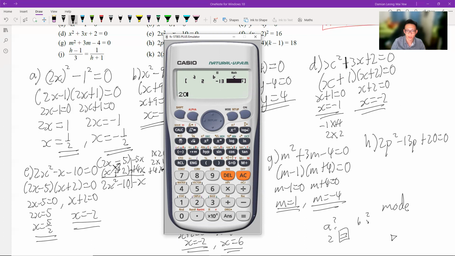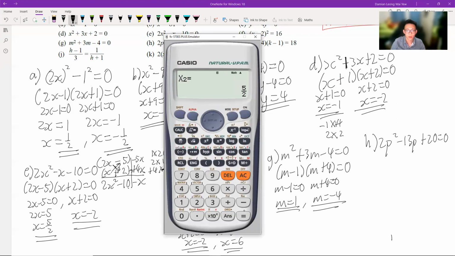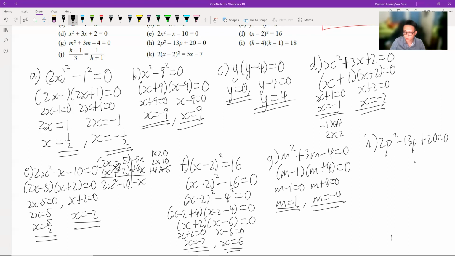C is 20. Key in 20 equals. So you will get the final answer, which is 4 and 5/2. So don't put here. Leave some space. Put below. So x is 5/2. And x is 4.